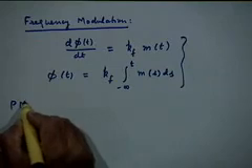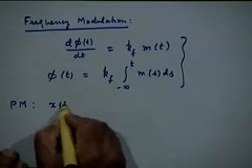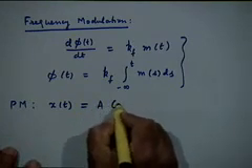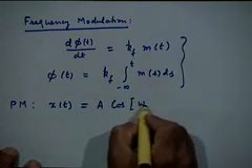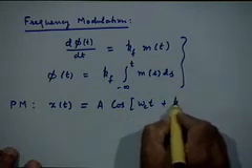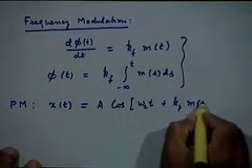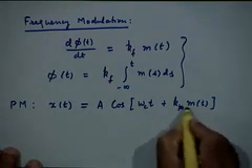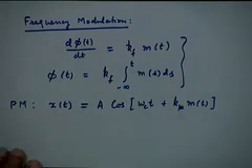So if I were to write an expression for the phase modulated signal x of t, it is now very clear what it should be. It should be a cosine of omega c t plus k sub p times m of t, because your instantaneous phase deviation is proportional to m of t.